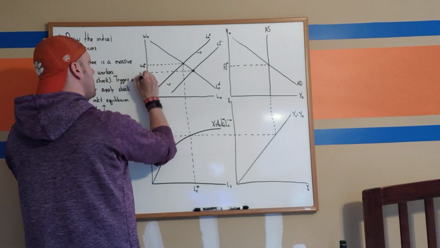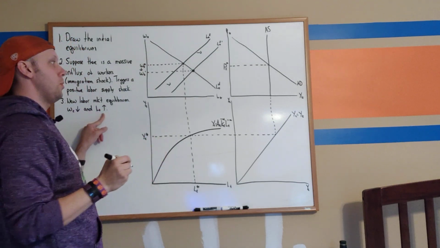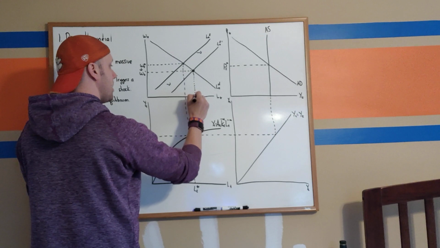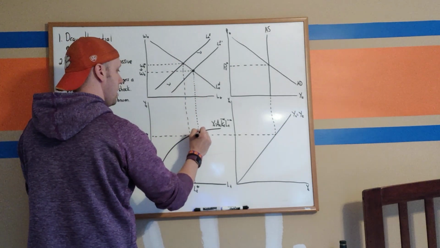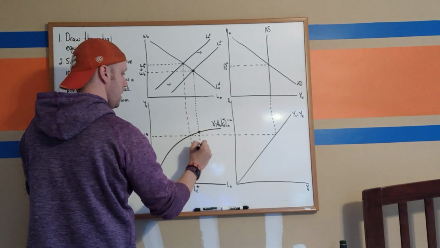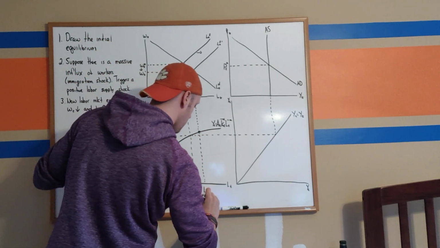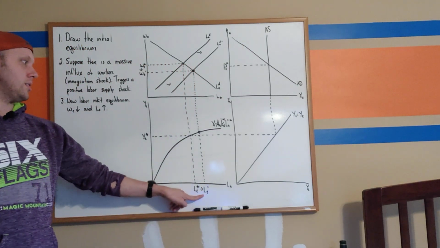So we have a reduction in the real wage rate followed by an increase in labor. So what we're going to do is draw this dotted line all the way down over here where we see there's an increase in labor.